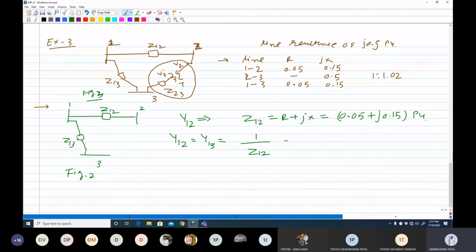1 divided by 0.05 plus j0.15. Now just tell me the answer of this calculation. What is the answer for this calculation?